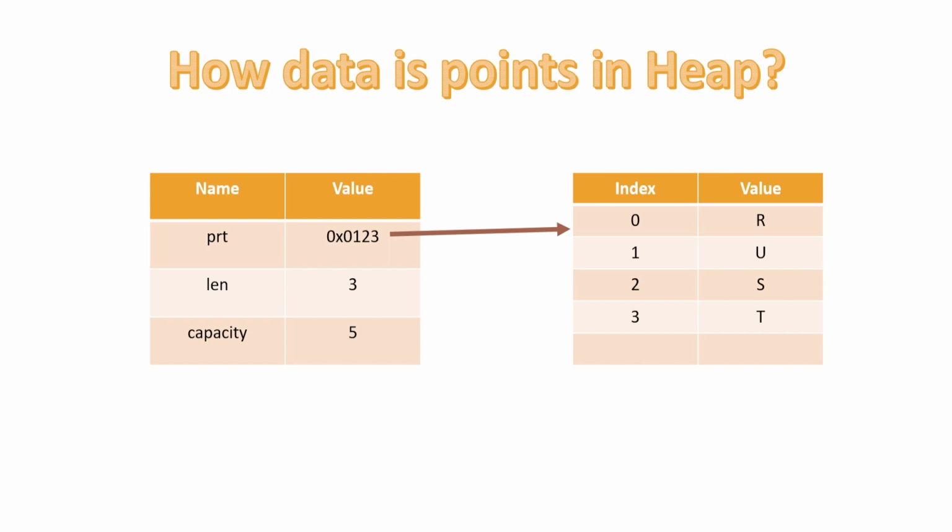This is how the str value stores the ptr, length and capacity, where in order to get the value from the heap we use the pointer address, which points to the memory on the heap. That's how we are able to get the Rust string by using the str variable str1. This is how the str1 variable points to the Rust string.